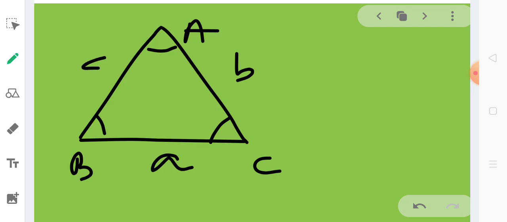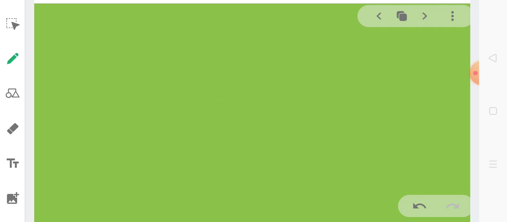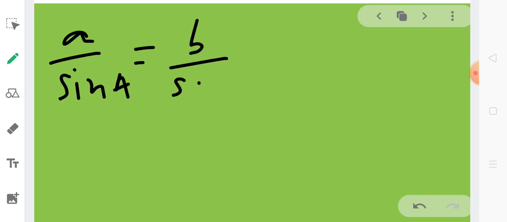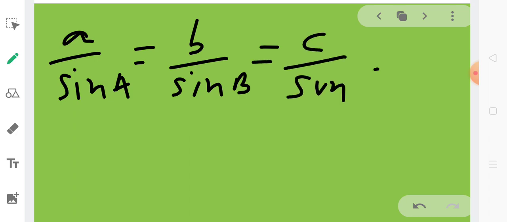This means the side opposite to angle A is marked a, side opposite to angle B is marked b, and side opposite to angle C is marked c. Then we can get a by sin A equal to b by sin B equal to c by sin C.